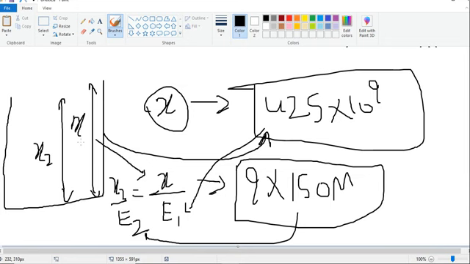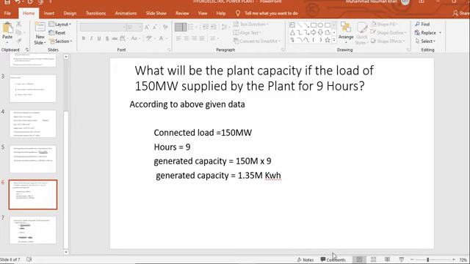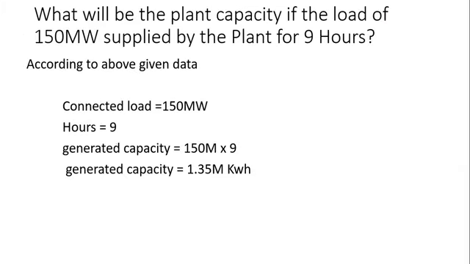We are considering ideal conditions. So in ideal conditions, if we have energy at x1 height, we may simply make a ratio for another energy at x2 height. So we have built this ratio. Now let's move to the solution.